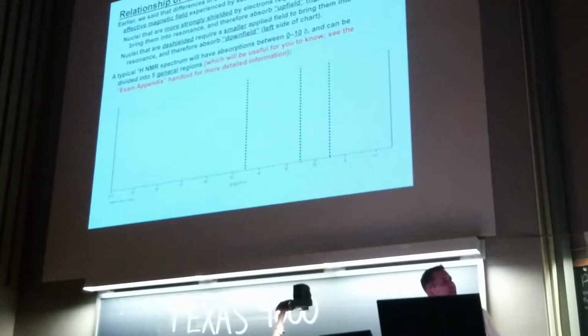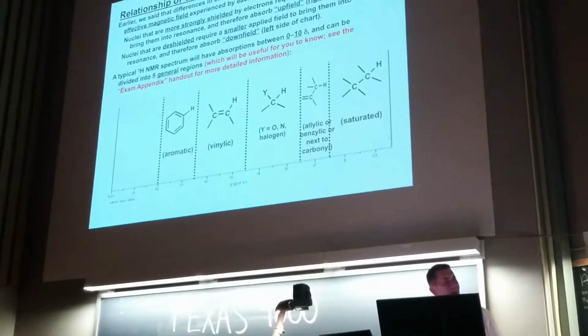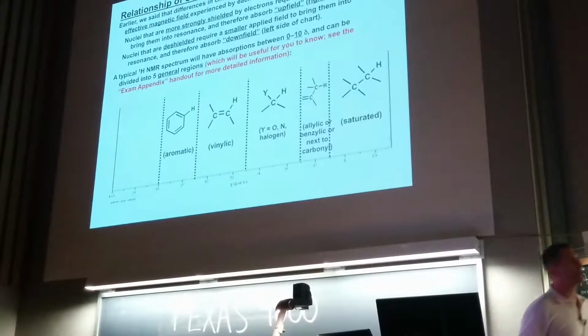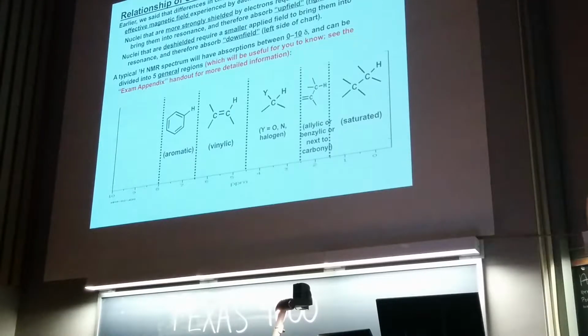Primarily, what's causing chemical shifts to move downfield towards the left, remember downfield is to the left, upfield is to the right, is a nearby electronegative group. If you have something like oxygen or nitrogen on the same carbon that's bearing a hydrogen, that's going to cause the signal for that proton to come into resonance at lower applied field strength.